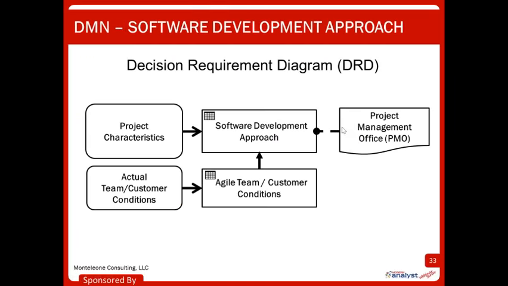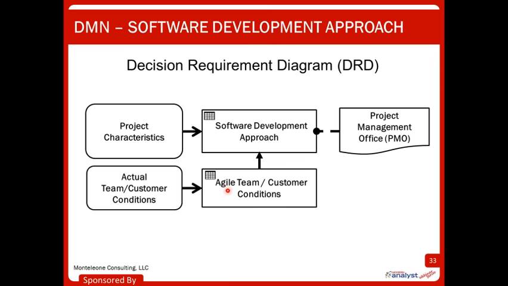So I'm going to go back now, and you'll see that we have this decision, and you'll see that it has various arrows in different places. These arrows have certain names to them. We'll get to that in a minute. But the main thing I want you to know is that we have this Agile team decisions coming out of there.